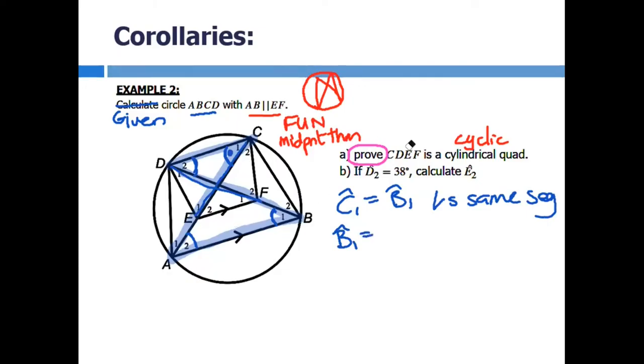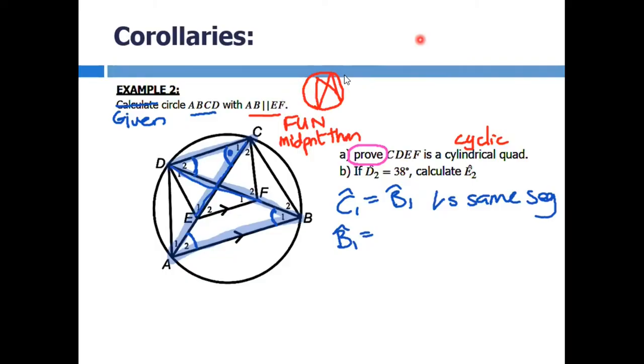What other angles would B1 also be equal to? We've used the bow tie, so we've used this first concept that they told us about circle ABCD. Remember they've also given us parallel lines. So what else would B1 be equal to? B1 would also be equal to F1.